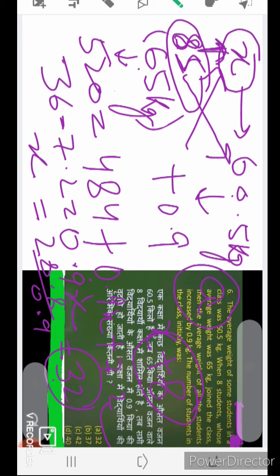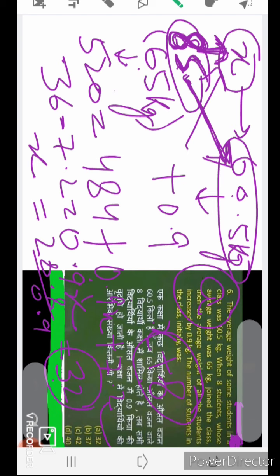Remember in this question that we have done one thing wrong initially, that we have not multiplied 60.5 by 8. So remember, we have to multiply this 60.5 by 8 because there are total 8 students which are going to be in the case of inclusion. This is the case of inclusion only, and total 8 students we are including here.